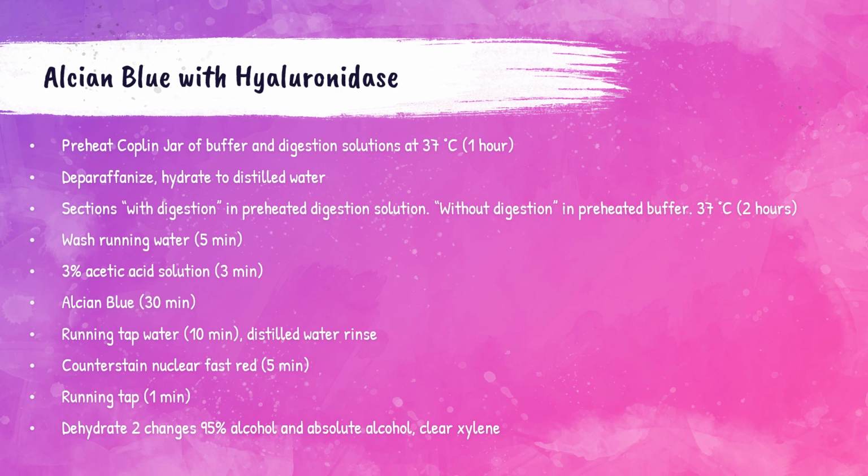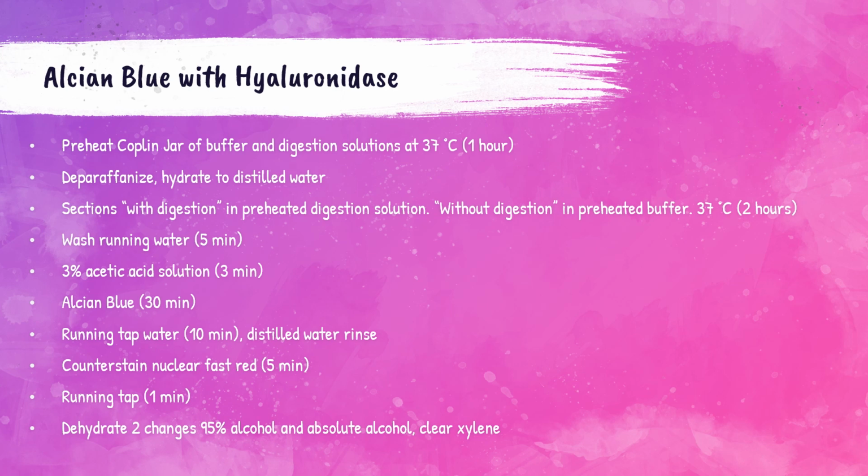So sections that are labeled with digestion need to be in the preheated digestion solution in the Copeland jar, and then the sections that are labeled without digestion need to be put in the preheated buffer. So again, the with digestion in the digestion solution, the without digestion in the buffer, and you want to have these sit for 2 hours in those Copeland jars.